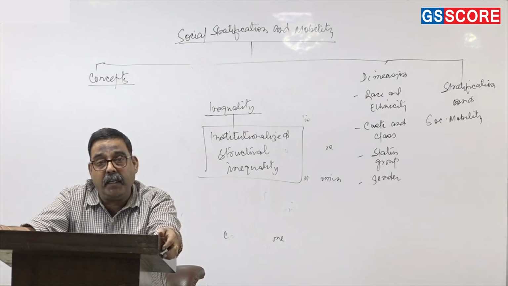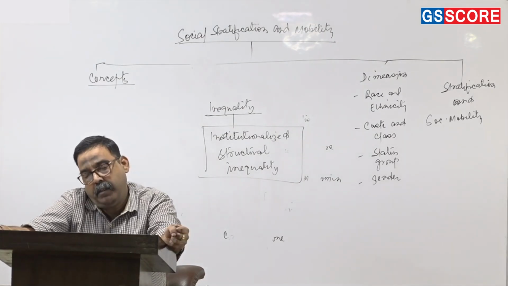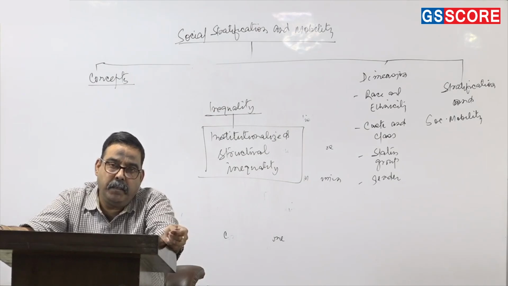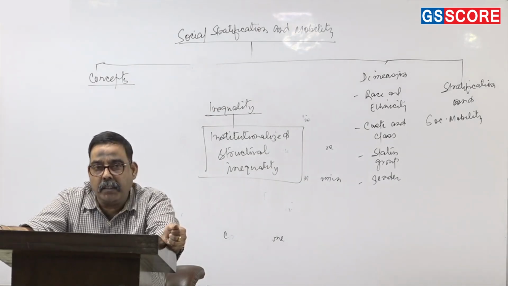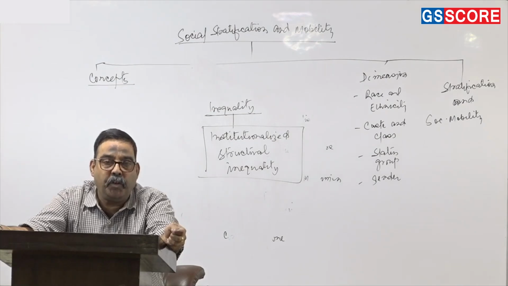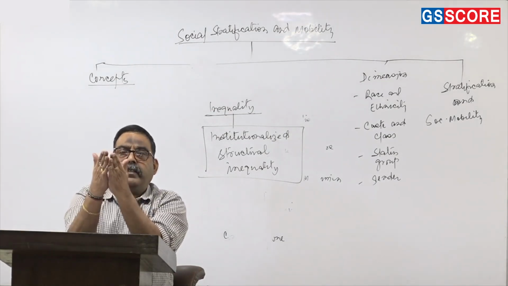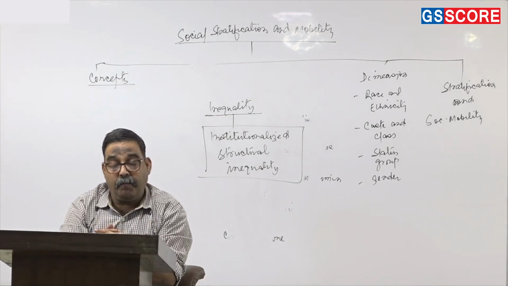If the functionalists are saying rewards and tasks are distributed equally, then the conflict perspective is saying that tasks and rewards are not distributed equally, rather they are distributed unequally. So that way the difference between the functionalist and conflict perspectives has come.